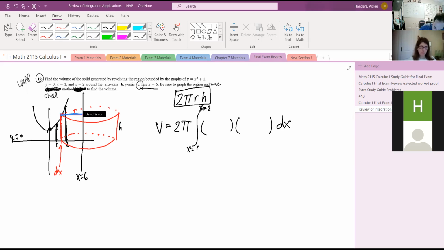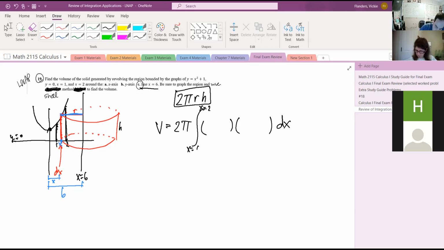Now the distance from here to here is always 6 because we're just going from x equals 0 to x equals 6. The value of where I've sliced here is our current x value. And so the distance from here to here is always x, whatever generic x we've picked.